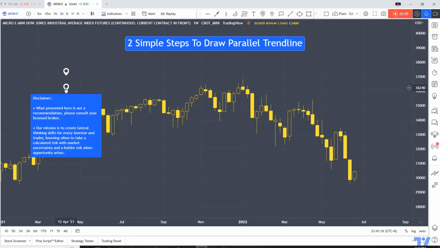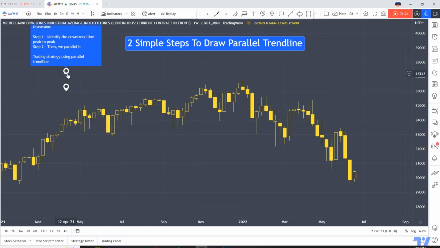But with the micro E-mini Dow Jones, everything is reduced to 1/10 of the size, so it is very comfortable for me to trade multiple lots and strategize from it.